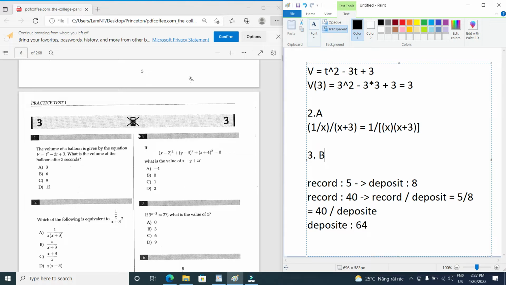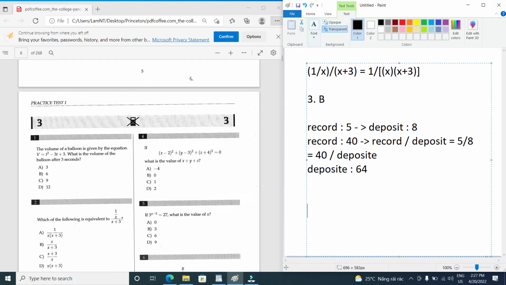They ask: if x minus 2 all squared plus y minus 3 all squared plus z plus 4 all squared equals 0, what's the value of x plus y plus z? Okay, so x minus 2 whole squared plus y minus 3 whole squared plus z plus 4 whole squared equals 0.